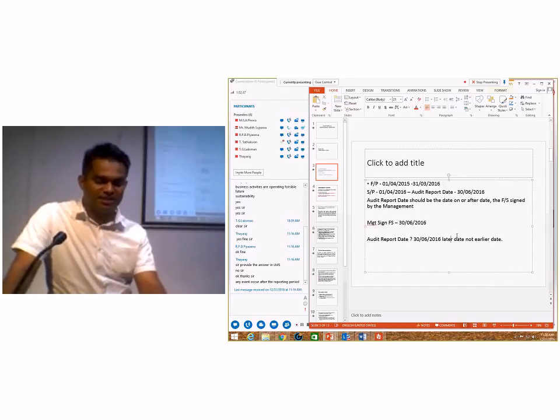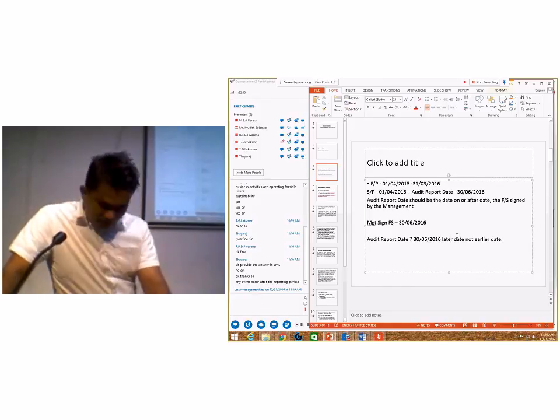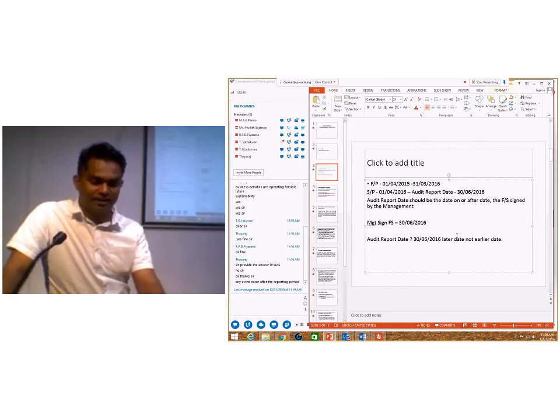The same date will be put as the audit report date. Don't put an earlier date. That would mean you are taking responsibility as the auditors for financial statements prepared by the management. That is a fundamental error. So practically, the management sign date on the accounts will be the auditor's report date as well.